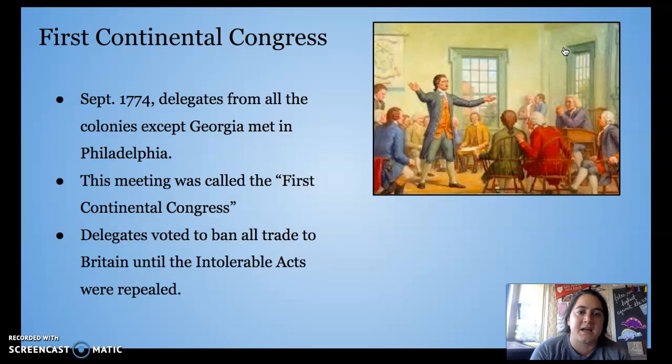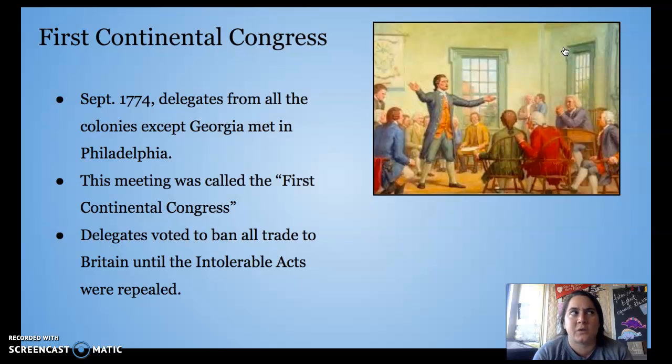So this slide is telling us about the First Continental Congress. Okay, in September 1774, there were delegates that felt it was extremely important for people from each of the colonies to come together to decide how are we going to revolt.